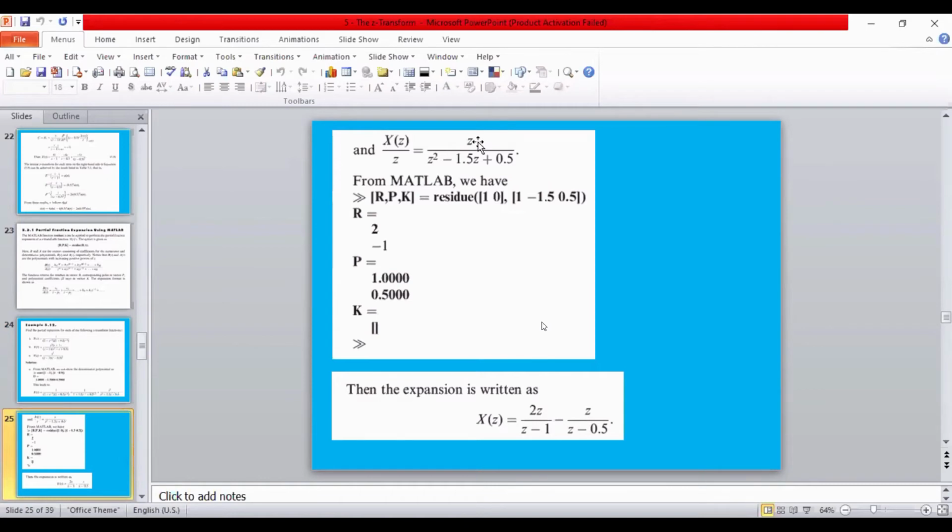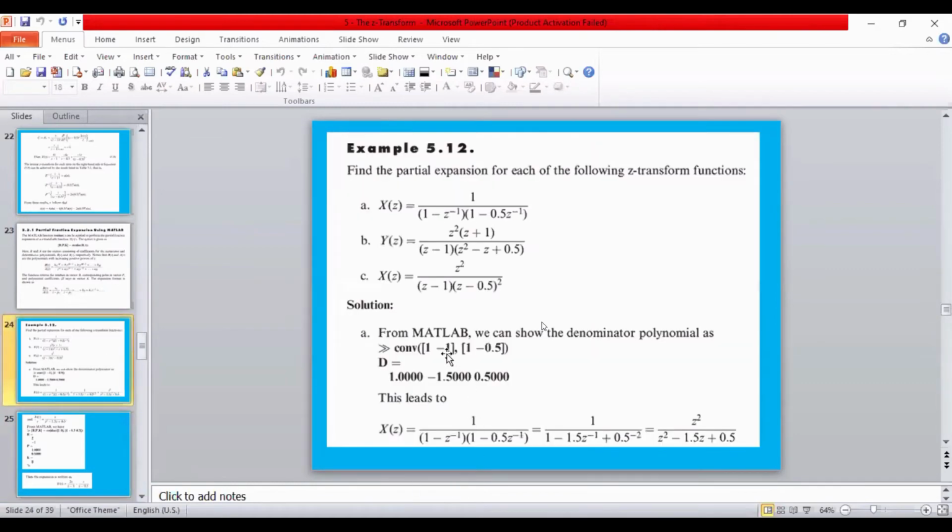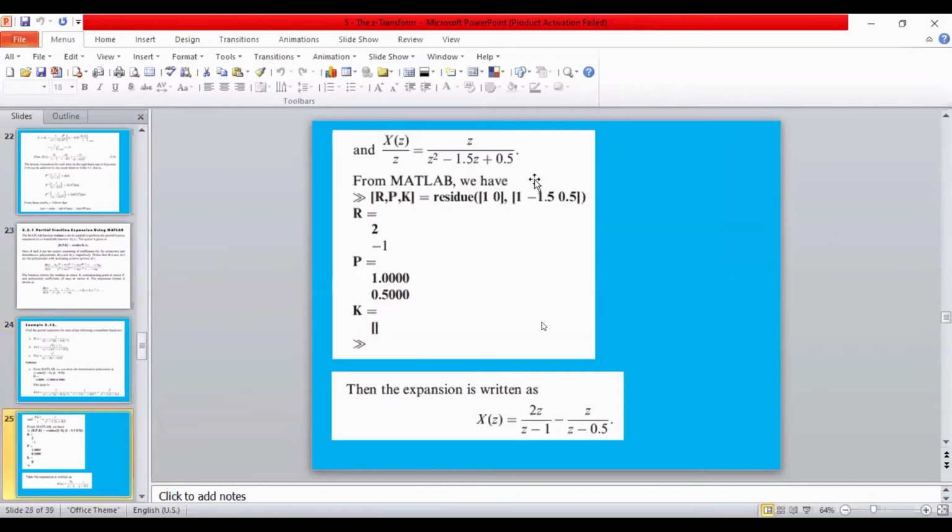But here, since you don't have anything next to z, the constant term is 0. So you place a 0. So this is our numerator. And the other thing is the vector of the denominator. We already had this one. We take it from convolution and put it here, the same numbers.